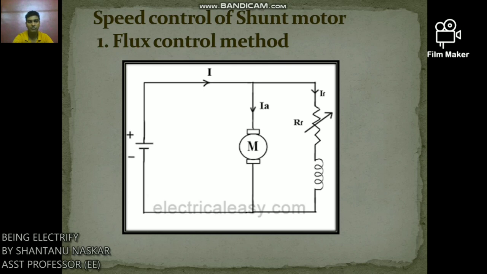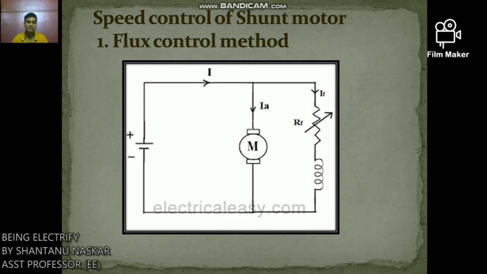Now, first, speed control of a shunt motor, and the first control method is called the flux control method. I am describing this picture, and you will definitely understand the controlling method. It is already explained above that the speed of a DC motor is inversely proportional to the flux per pole.